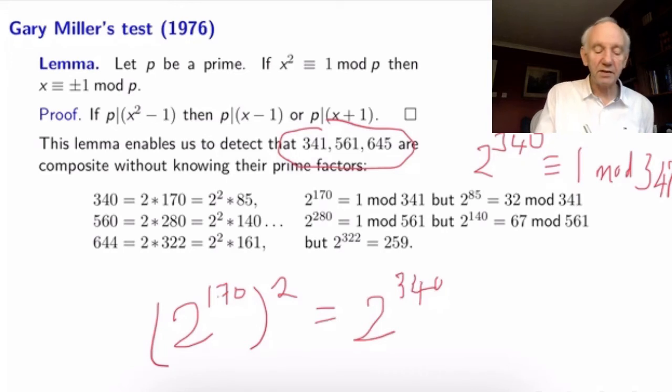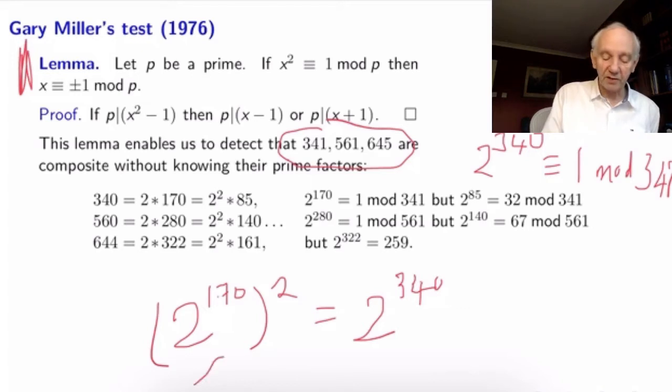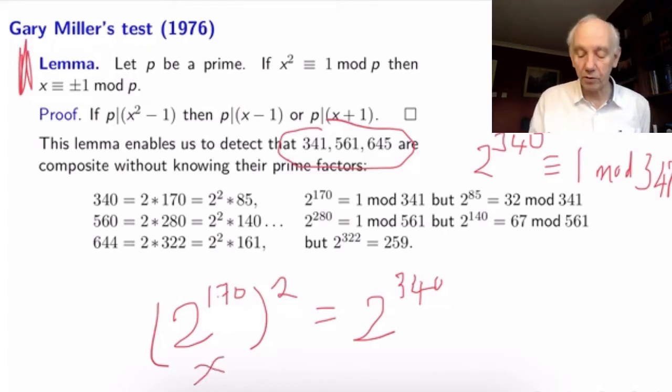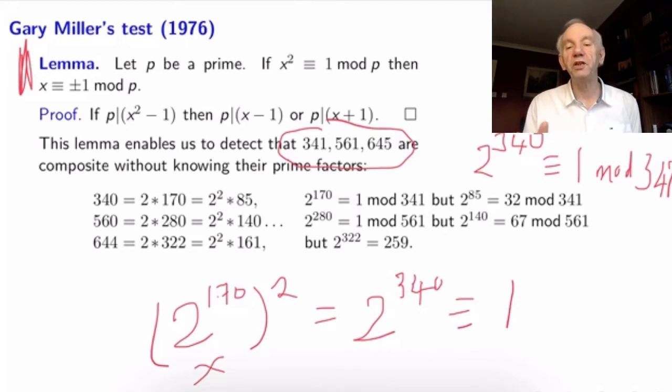So we're in exactly the situation now of the lemma. We can think of this as being x. x squared is now equal to 1 mod 341. So is x plus 1 or minus 1? That's the question. Since 341 is not a prime number, we can't be certain.